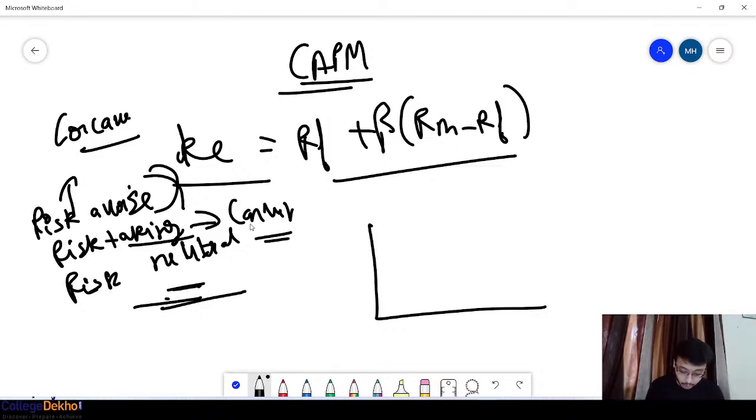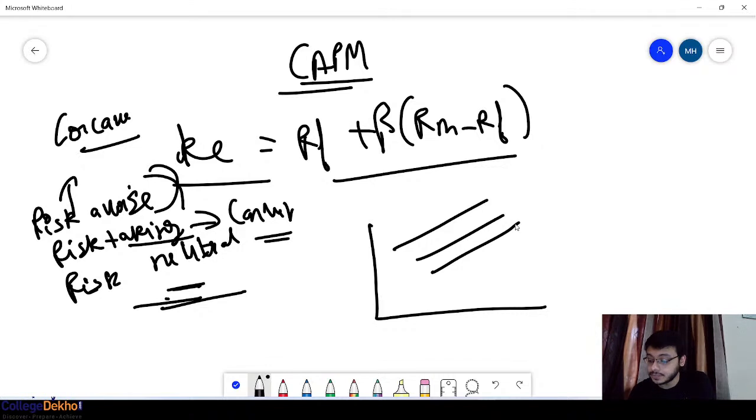So let's try to draw it for a risk averse investor. The curve will look something like this, concave from below. To use exact terminology, it can be called concave from below.